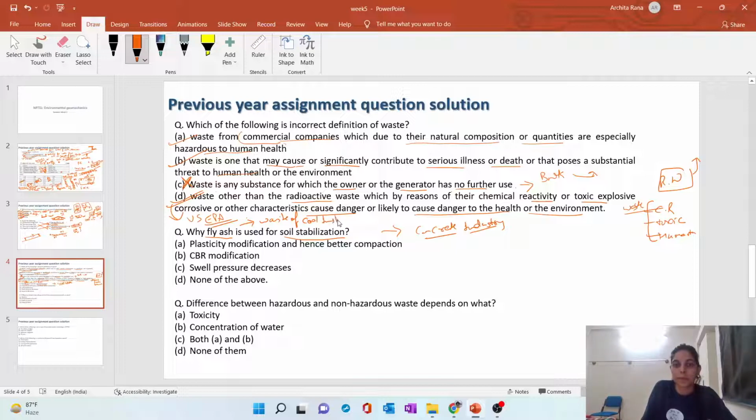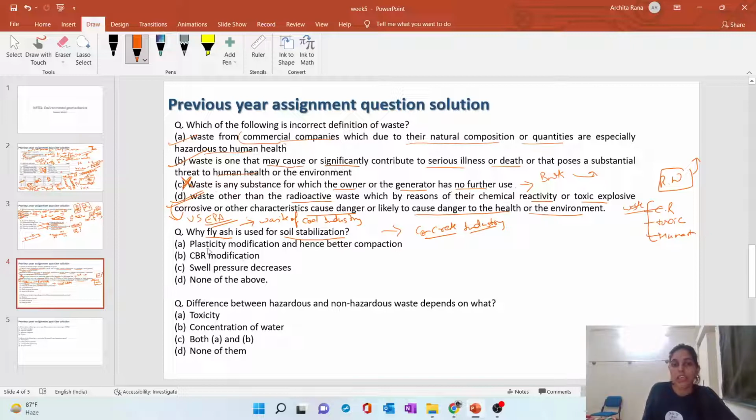So fly ash is something that is produced in a coal industry, and it is used for soil stabilization in the concrete industry. Now the question is why it is used.